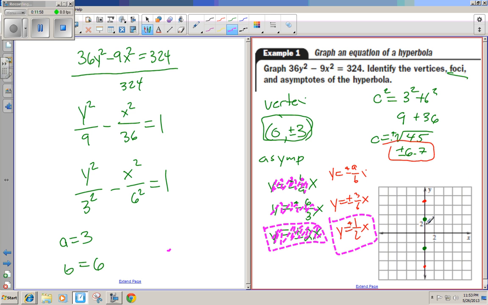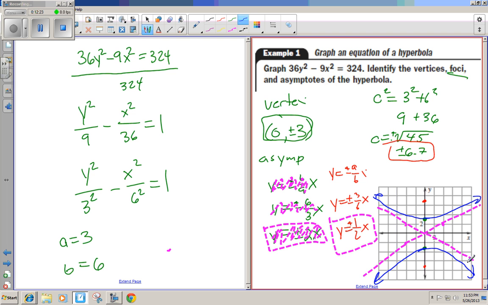But for the asymptotes, you end up forming something, x's that look like this. And now that will help you sketch your graph. So the hyperbola does not touch those asymptotes anyway.